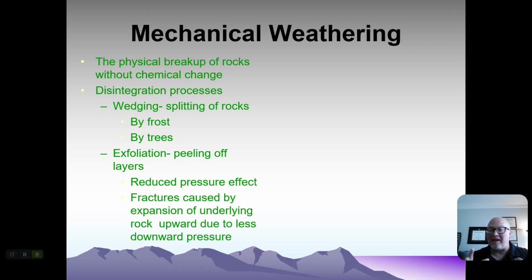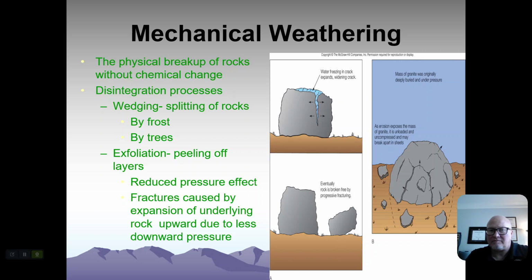So rock expands and contracts, and so you end up with this fracturing. So that's mechanical weathering. Here's some examples. When water freezes, it expands, and so it will crack off part of the rock. So this is mechanical weathering.